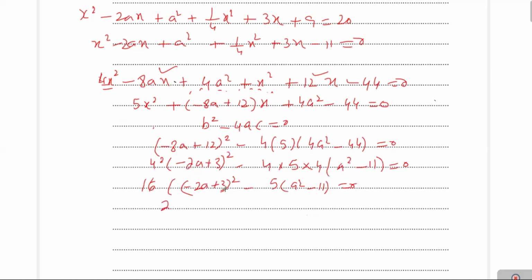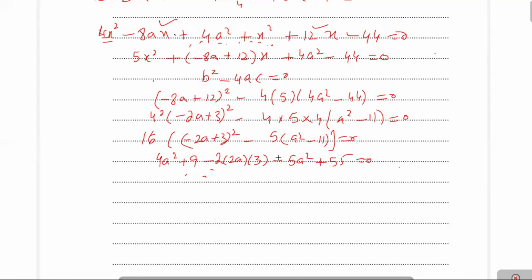Now minus 2a plus 3 whole square we can write using the a minus b whole square identity, that's equal to 4a square plus 9 minus 2 into 2a into 3, minus 5a square minus 55 equal to 0.